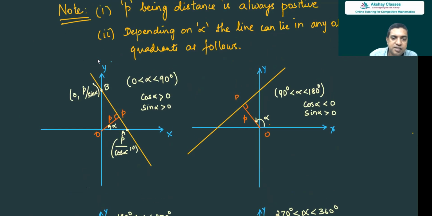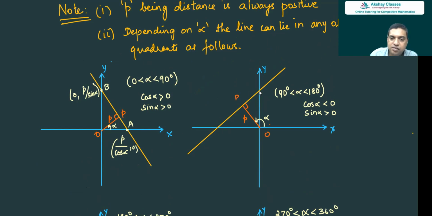So here you see sin alpha, cos alpha, both are positive, and P is always positive because P represents distance. So P by cos alpha is positive. So we see A is on the positive x-axis. This point B is on the positive y-axis.